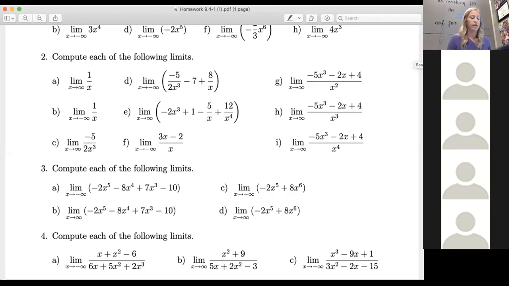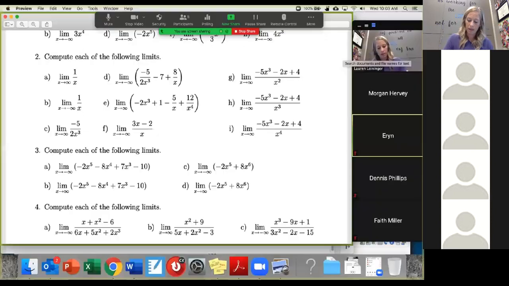I can throw this out here too. Technically speaking, can you plug infinity in for X? Not really, right? But could you plug in really, really big numbers for X? Yeah. So what would happen if you plugged in bigger and bigger numbers for each of these X's?